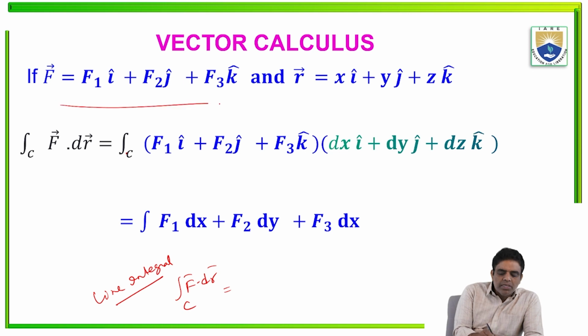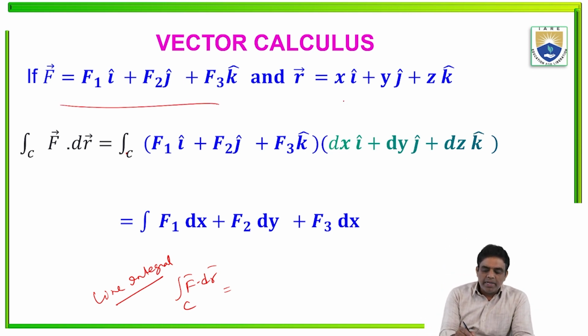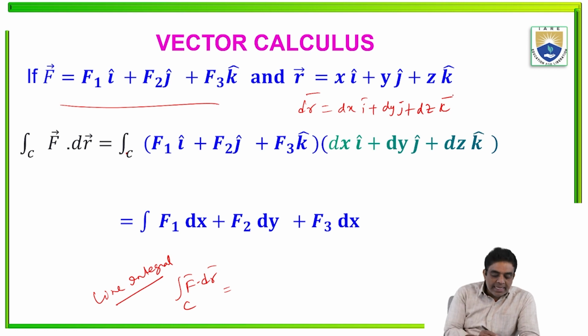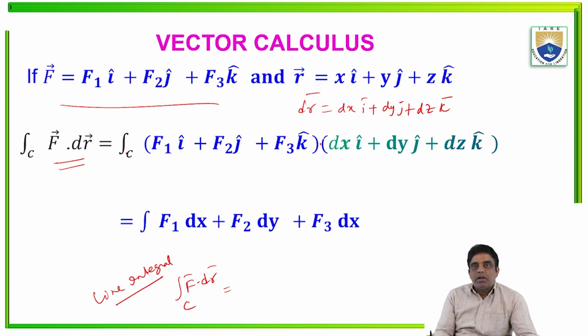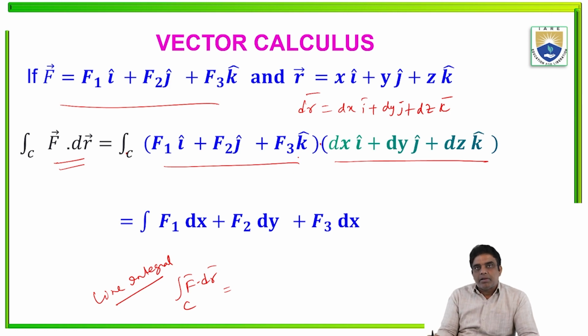Suppose you assume f bar is f1 i bar plus f2 j bar plus f3 k bar and r bar is x i bar plus y j bar plus z k bar, then what is dr bar? It is dx i bar plus dy j bar plus dz k bar. Then the integral over C of f bar dot dr bar is the integral over C of f1 i bar plus f2 j bar plus f3 k bar, the dot product with dx i bar plus dy j bar plus dz k bar.